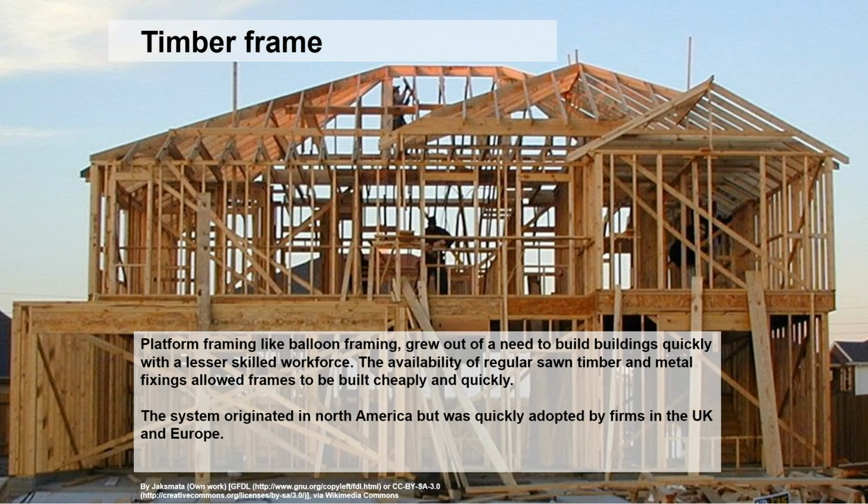If you wanted 2" by 4", you could buy lengths of that because it was being sawn, and metal fixings such as nails or angle brackets or straps. This allowed frames to be built cheaply and quickly.